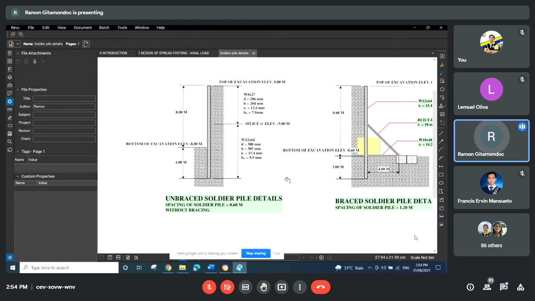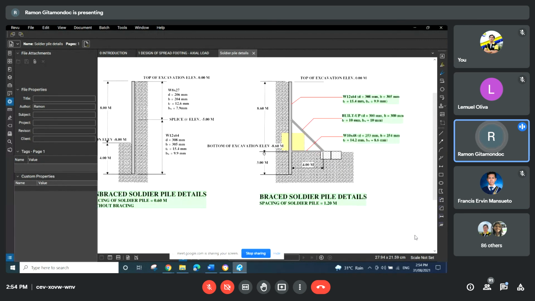So we have considered here 2 options. So we have the unbraced soldier pile. Although this one is costly in terms of the pile length and the pile cross section, it also provides you a very unobstructed space to work on.